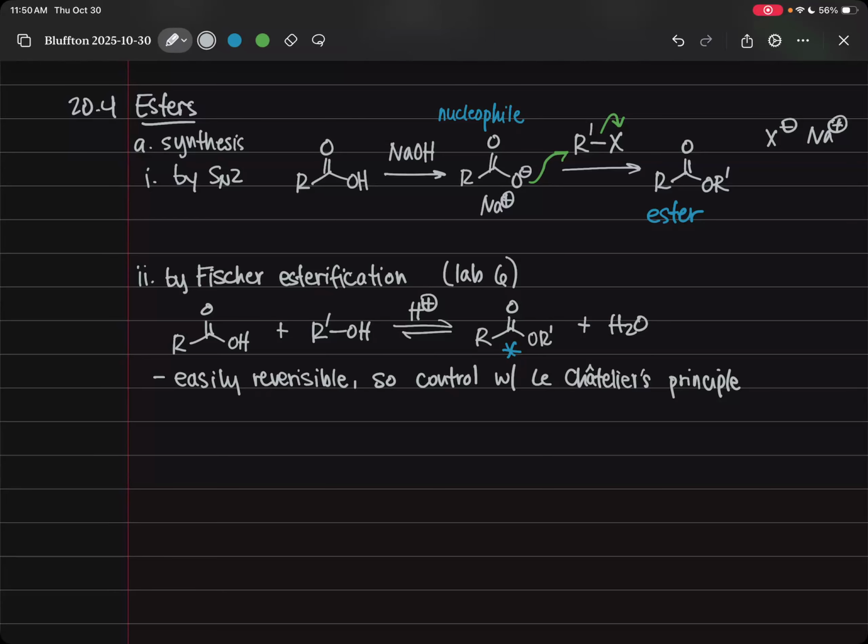It doesn't affect the position of the equilibrium to the left or right, even though it kind of feels like it sometimes. So our ester is our product. We're trying to make more of that. And so the other thing we can do is decrease the amount of the other side product, which is water. So those are the answers. Increase the amount of alcohol or methanol, and decrease the amount of water.